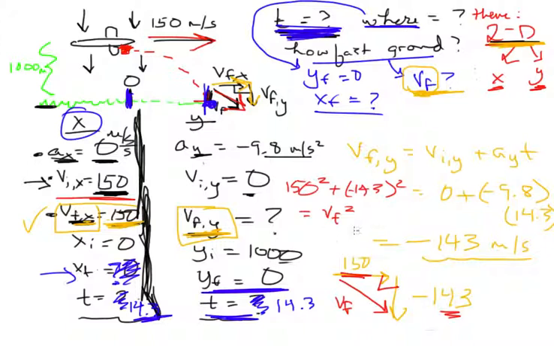All right, and that should get you, let's see if my calculator decides to cooperate. 150 times 150 plus 143 squared, and then you take the square root.